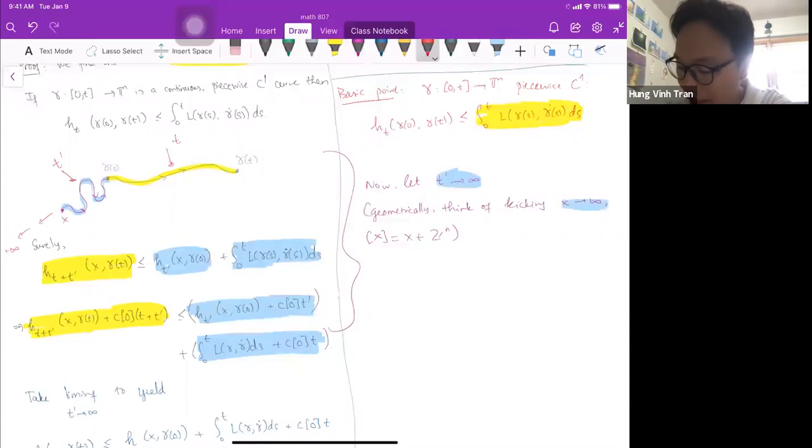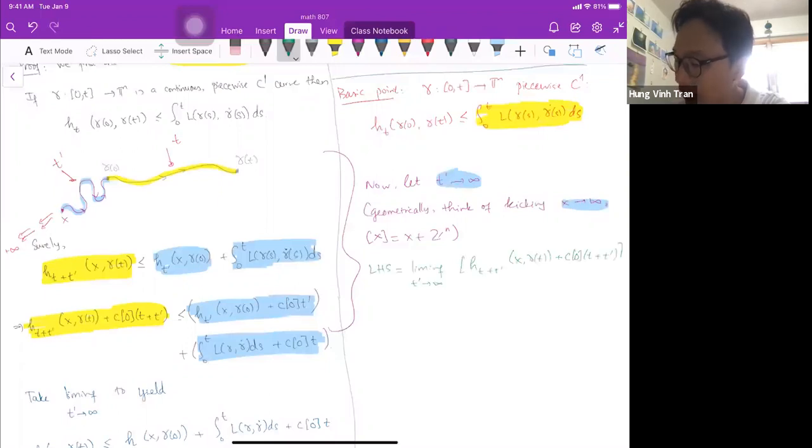When it happens like that, I'm just going to look at the left-hand side. When I let t prime go to infinity, I would have the lim inf as t prime goes to infinity of h_{t+t'}(x, gamma t) plus c naught (t plus t prime).